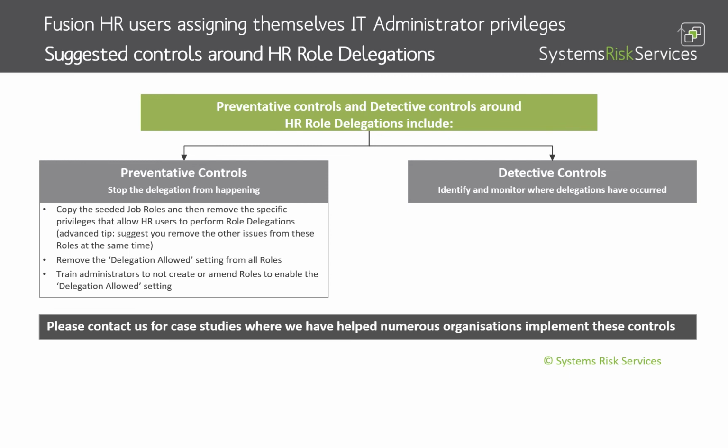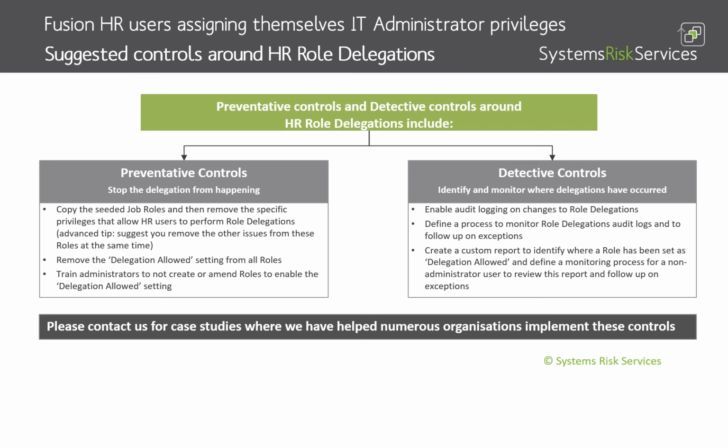So if the IT security managers don't understand what they are doing or don't understand the implication of what they're ticking, then that can have a major impact, particularly if you've just opened it up to HR teams.